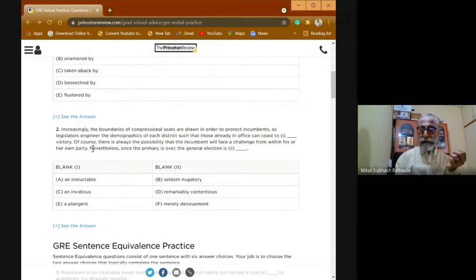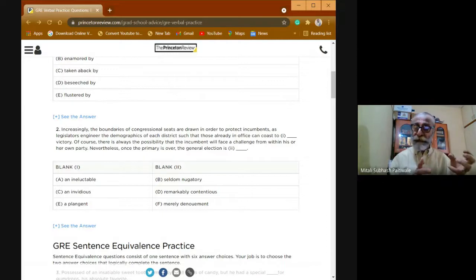Of course, the incumbents, the newly inducted members, will have some challenge within their own party. Some might not like the person individually, but because of the party's spirit, they are forced to like and do the favor to the person. And it can be vice versa. So there are some challenges like that.